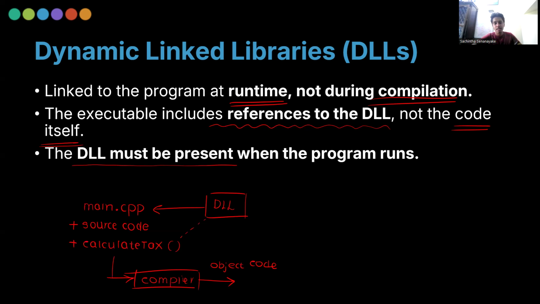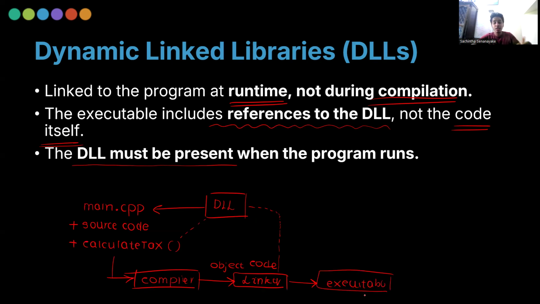Therefore, what happens? This object code is then passed into the linker, which does a very specific job now, not the same thing as with the static link library. It does a different thing. Now with the object code and the DLL, the linker combines them in such a way that it produces an executable.